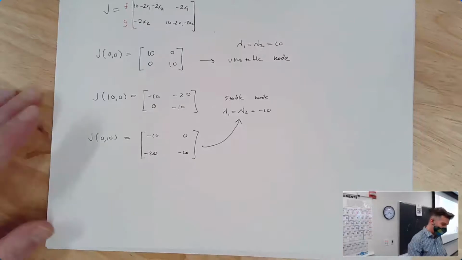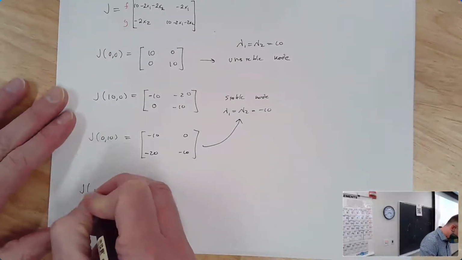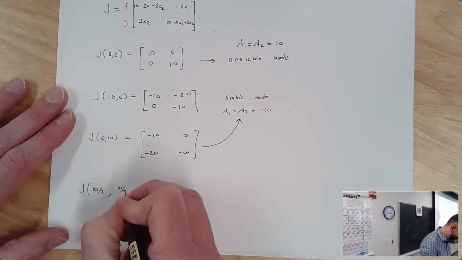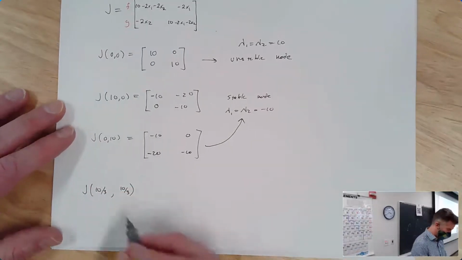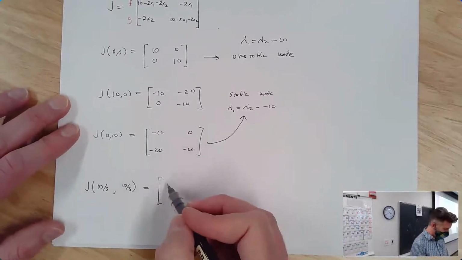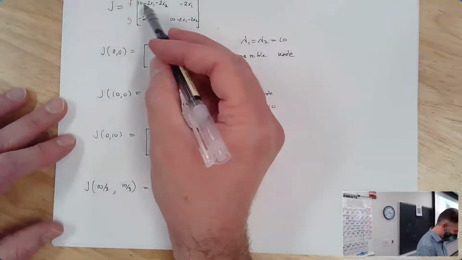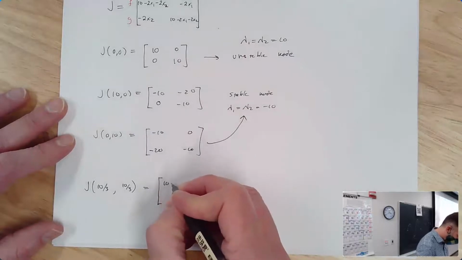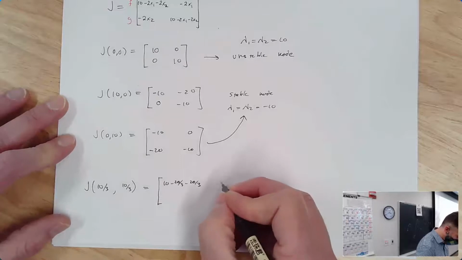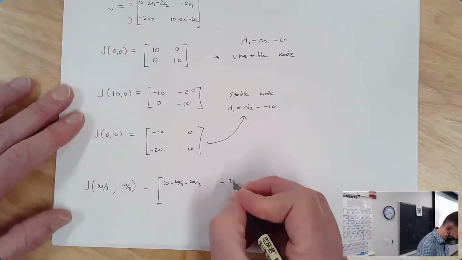And then finally, the hard one. The one where there isn't a 0 somewhere. So if I plug in 10 thirds, well, it's actually kind of interesting. I'm going to get 10 minus 20 thirds minus 20 thirds, since 2 times 10 thirds is 20 thirds.